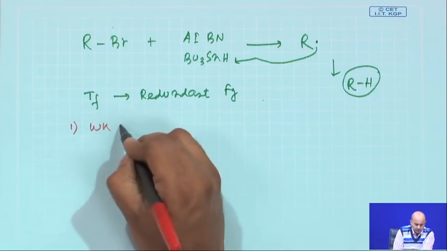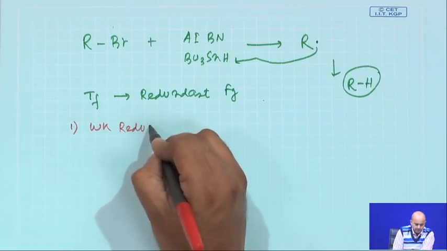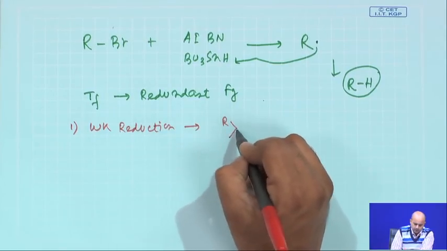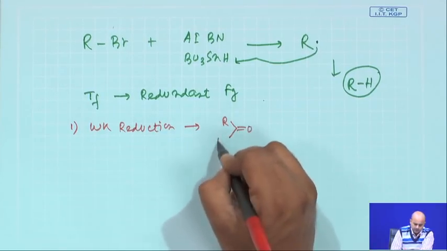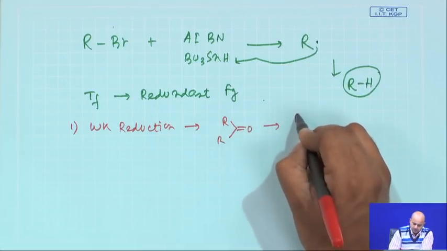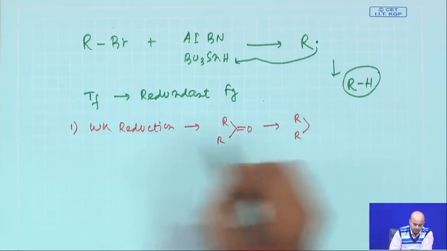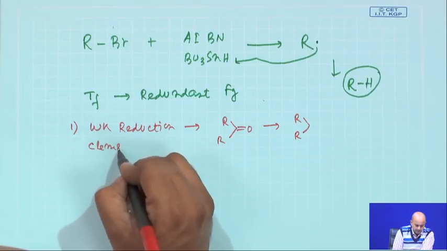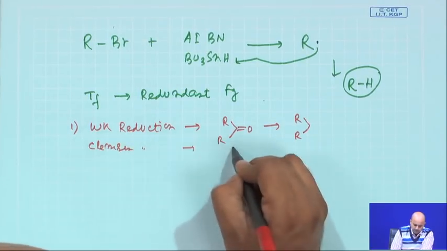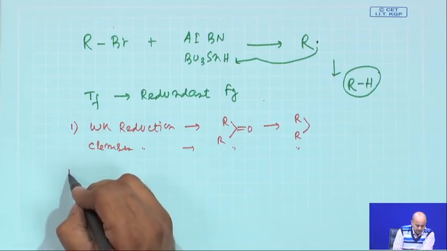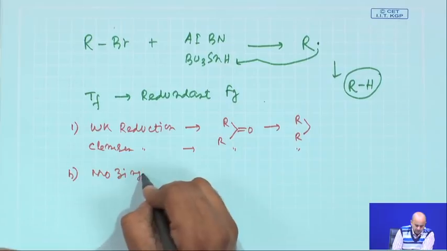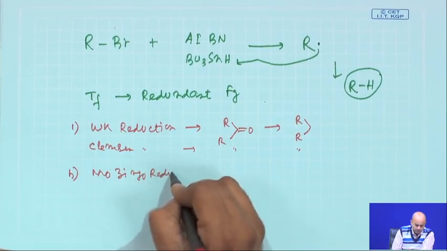Standard transformations like the Wolff-Kishner reduction, where you do a transformation like this to deoxygenate the product. In the same line you have the Clemmensen reduction, which is exactly the same. We also said the Mozingo type of reduction, which is also very useful.